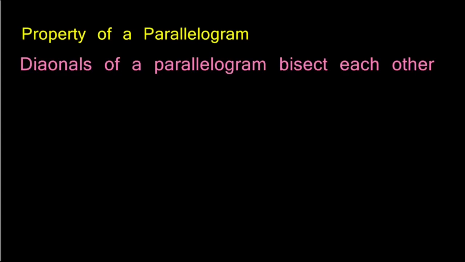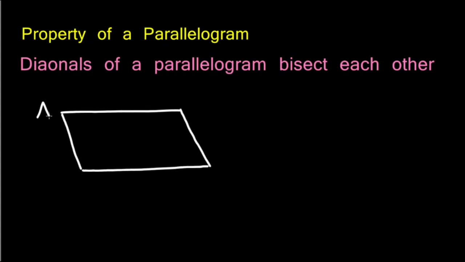Next property of a parallelogram is diagonals of a parallelogram bisect each other. Let us prove this property. In parallelogram ABCD, let us draw diagonals BD and AC.